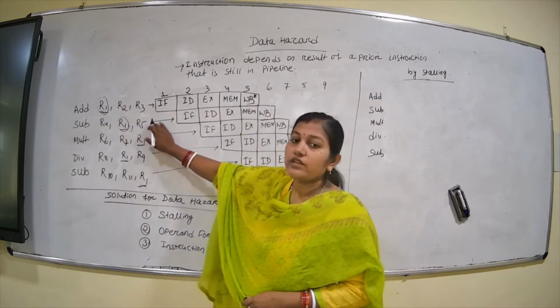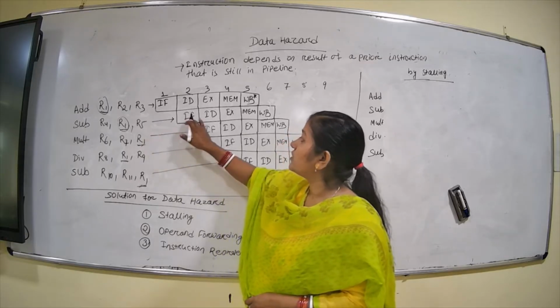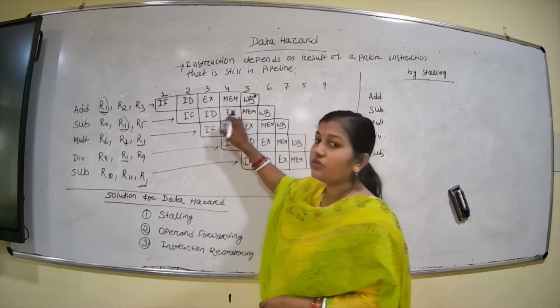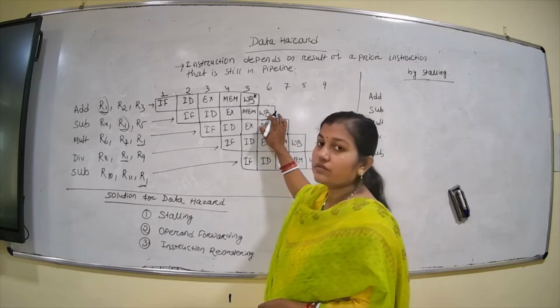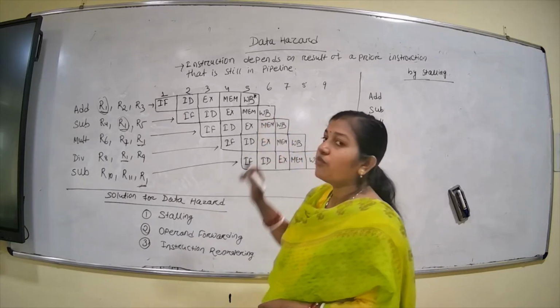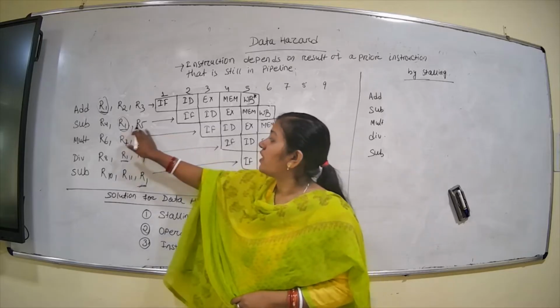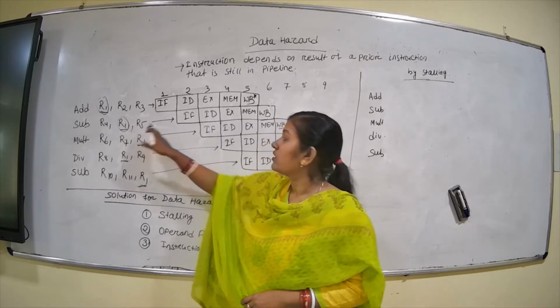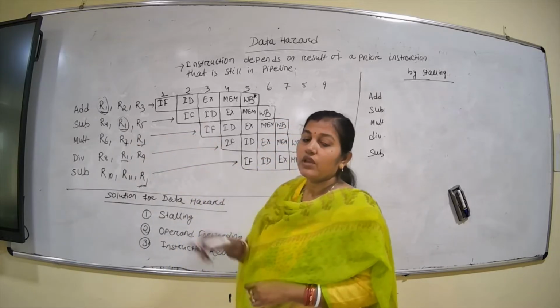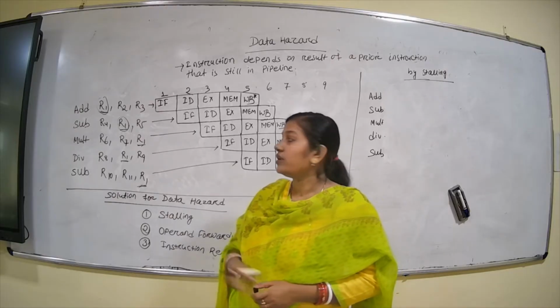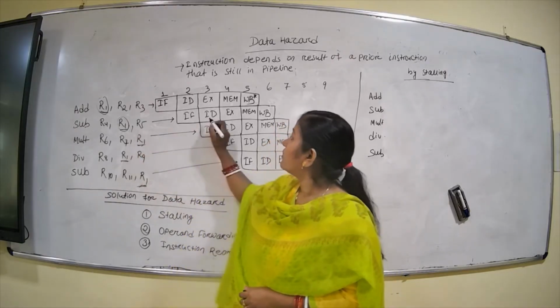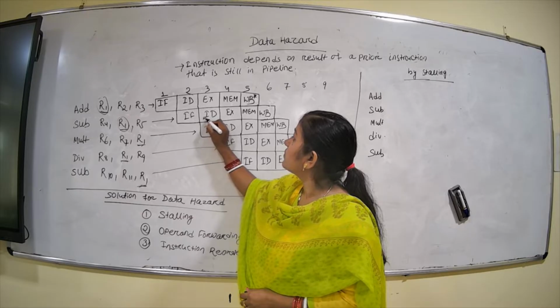Now, for the second instruction: fetch, decode, execute, memory, write back. The problem is, here we are reading the value of R1 and R5 at which stage? In the decode stage.